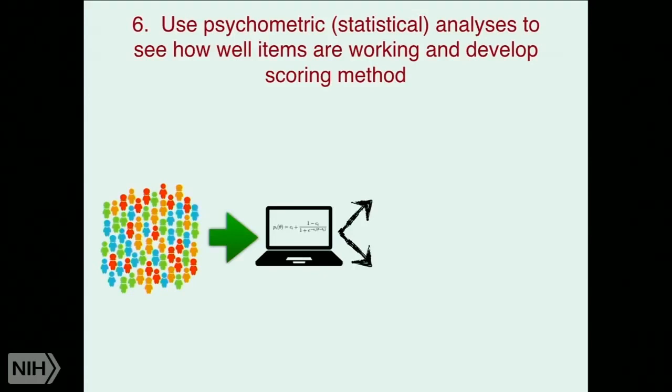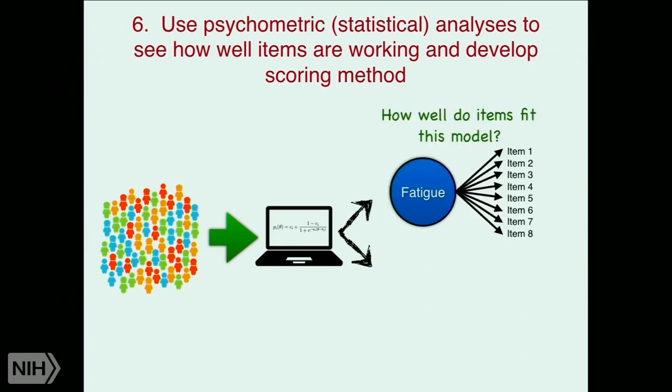Okay? We're going to use psychometric analyses to do a couple things here. The first thing is we want to see how well those items are working statistically. Right? Remember I said we developed that sort of preliminary model. Well, we've got a whole bunch of analyses we can do to say, hey, how well do those items fit together like that? How well do the items really seem to be caused by the same thing?